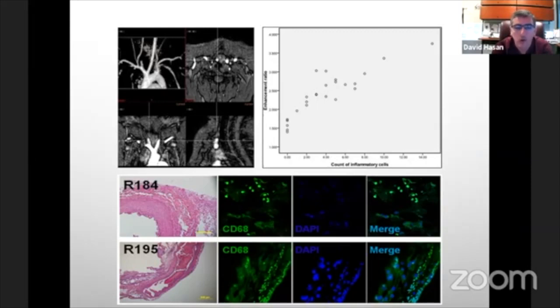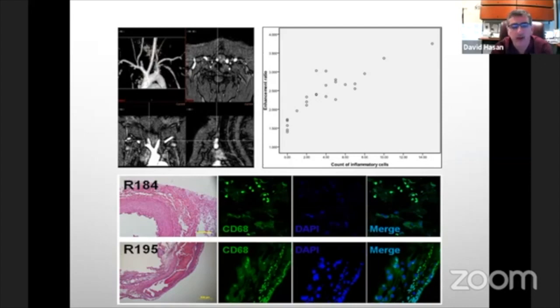So low wall shear stress is indicative of enhancement, and there is a lot of literature showing that low wall shear stress leads to inflammation. So that's the link between those things.